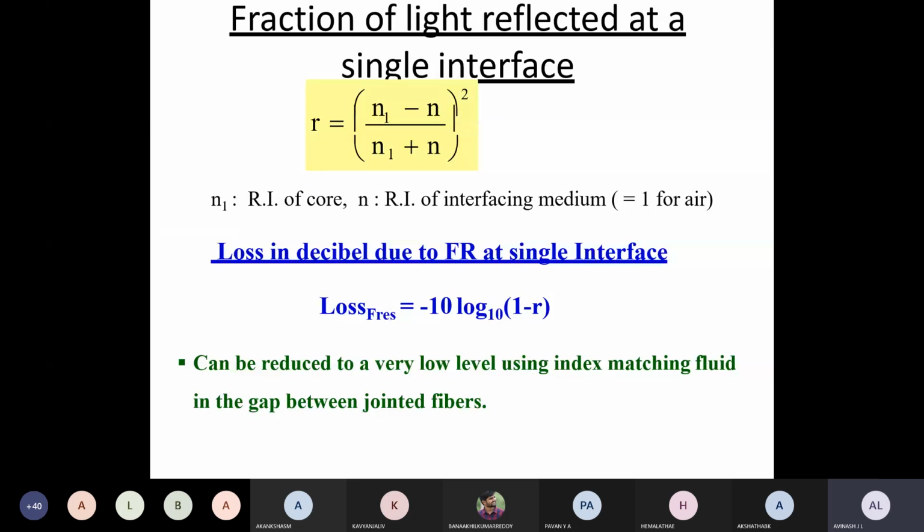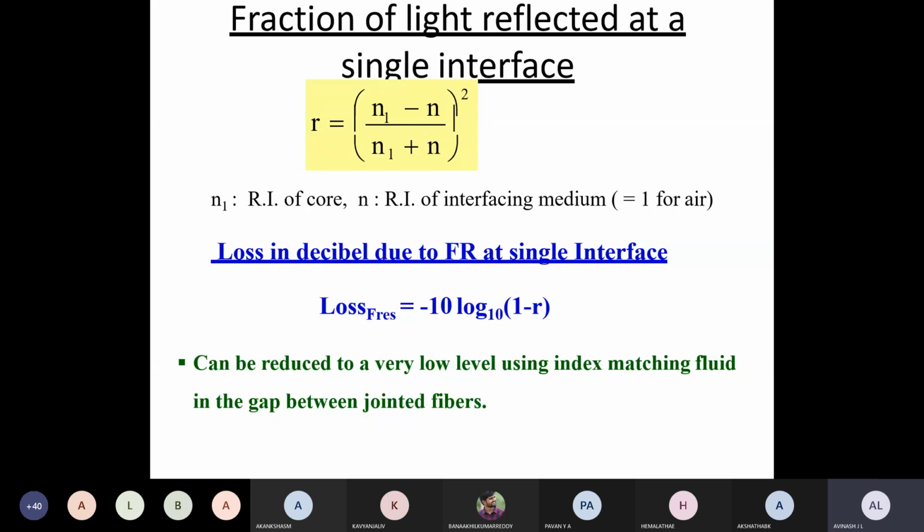Here the fraction of light reflected at a single interface, that is R equal to (n1 minus n) divided by (n1 plus n), whole squared. Where n1 is the refractive index of the core, and n is the refractive index of the medium. Here I am talking about core to air and air to core, so air is the medium we have taken.